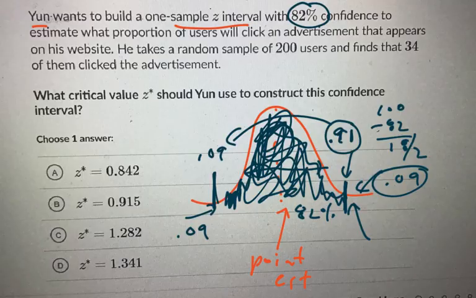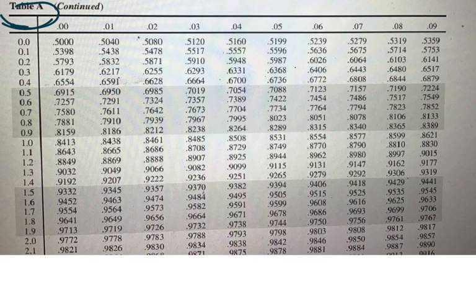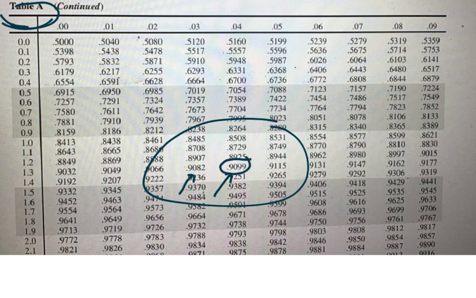But anyways, we're going to look up 0.91 as close as we can. So if you look right in here, you can see that's 0.9082, 0.9099 is by far the closest to 0.91. Notice here, I'm now going past 0.91.